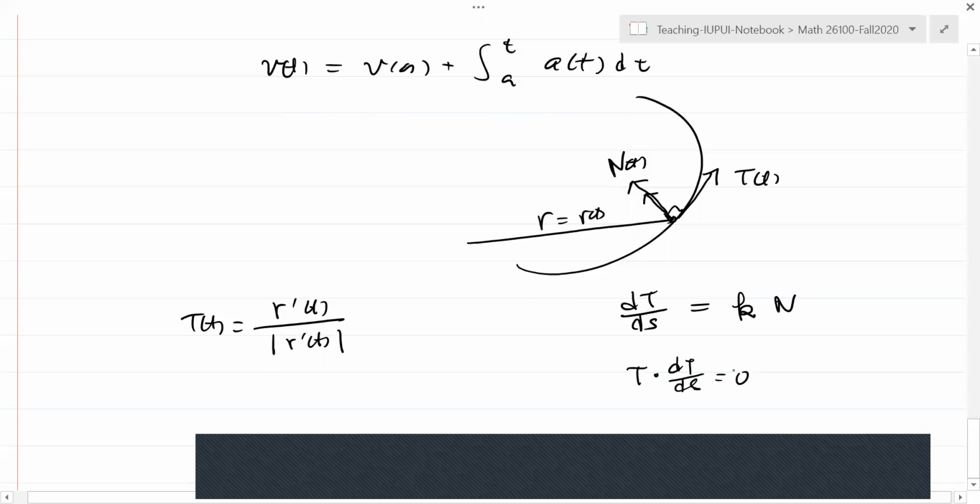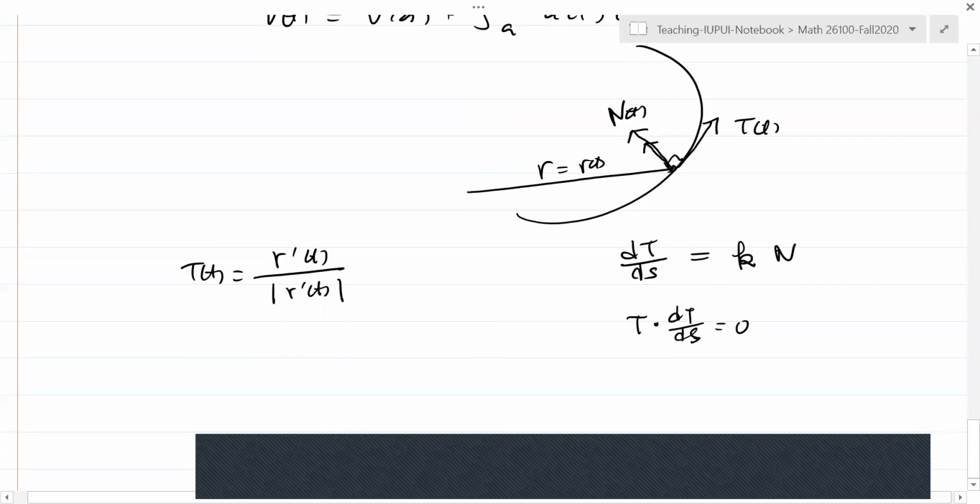If you normalize it, then you get a unit vector perpendicular to T. Yes, so we talked about the big T of t, the normalization, as being the tangent, and then the normal vector. But when we're talking about this k, we're talking about the curvature.